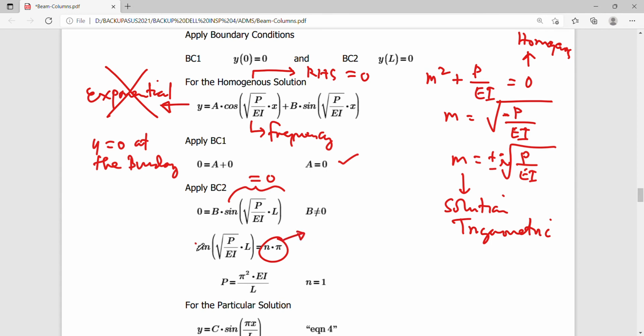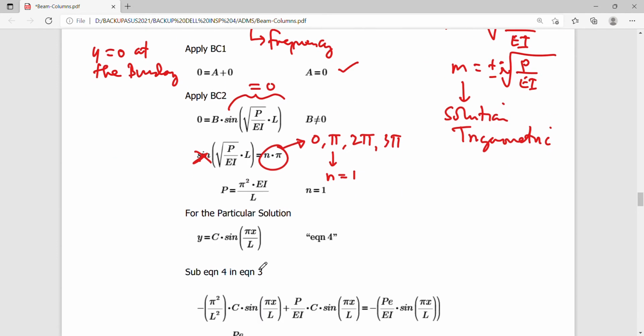So the angle is always n multiple of pi, with n equals 1, n equals 2, n equals 3, etc. All the sines of this angle are 0. Therefore, we take the value of the first at n equals 1, then P is equal to pi squared EI all over L squared.